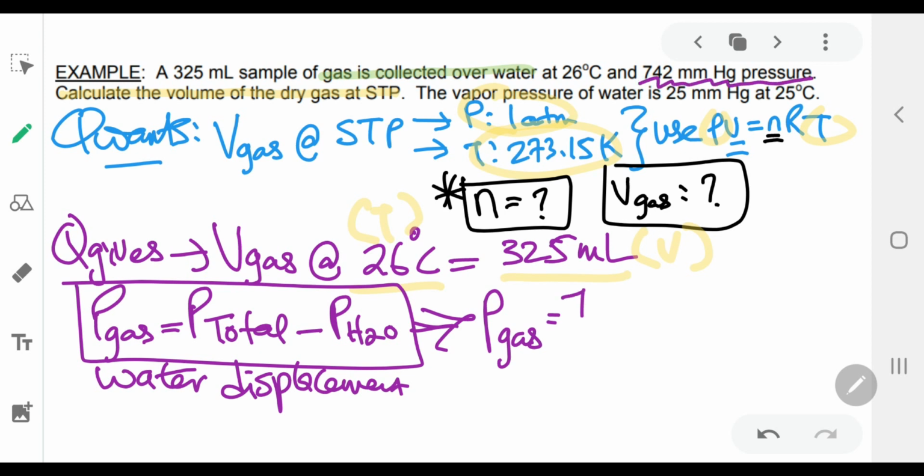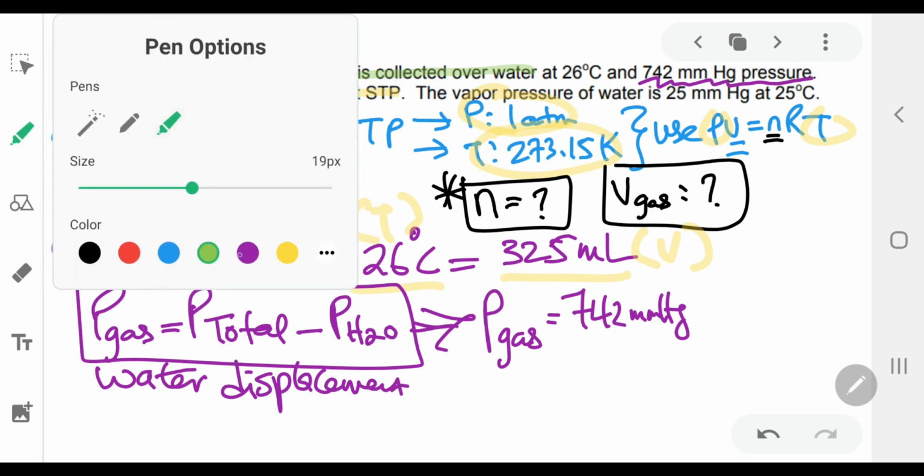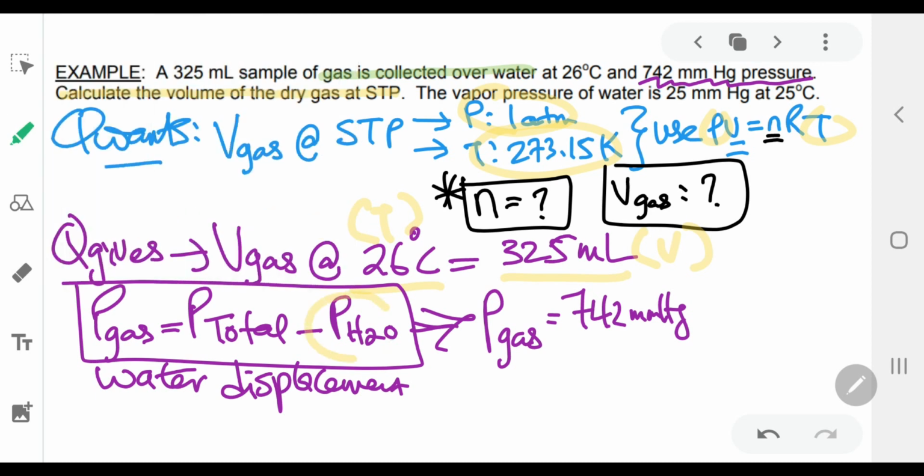742 millimeter mercury. And then what is this? It's given to you right over here.